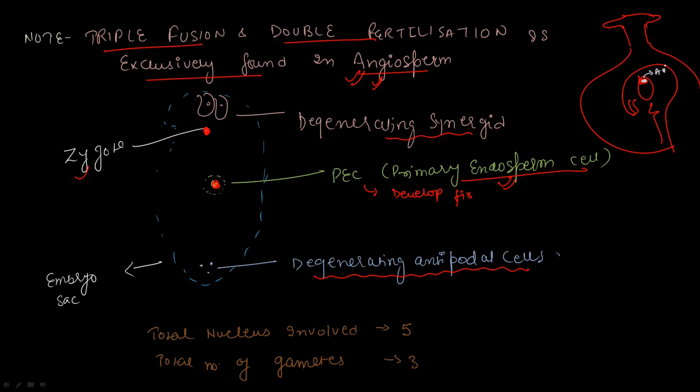These are the antipodal cells, which are degenerating. Then you have the primary endosperm cells, and the zygote here. This whole structure is basically the embryo sac, and you know that the embryo sac is the female gametophyte.